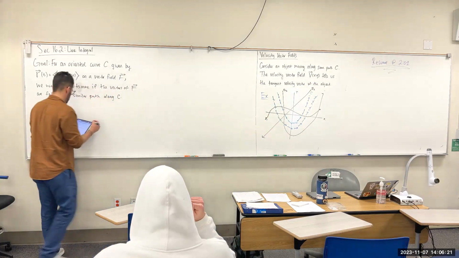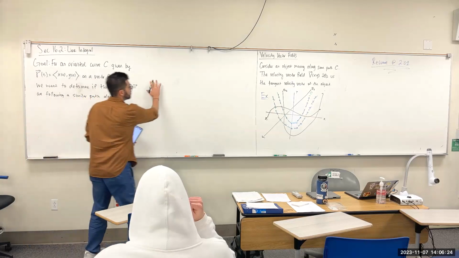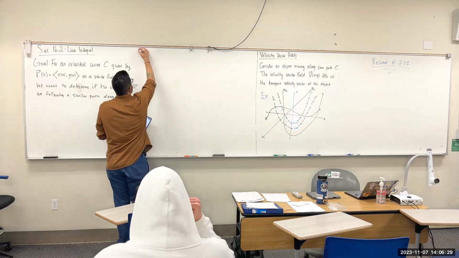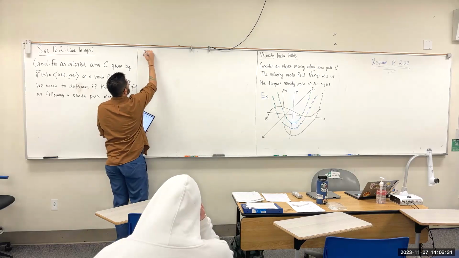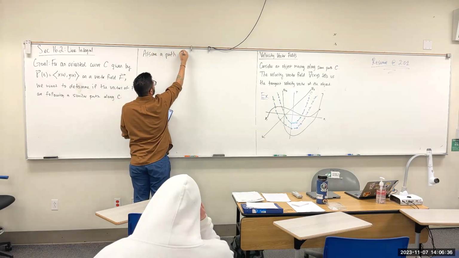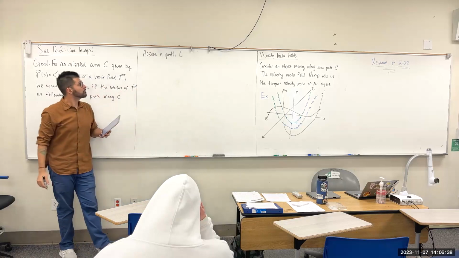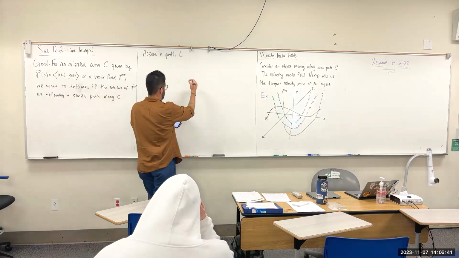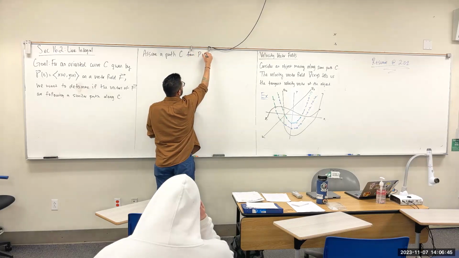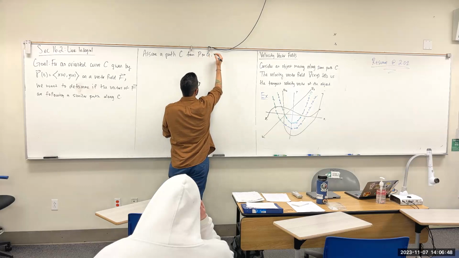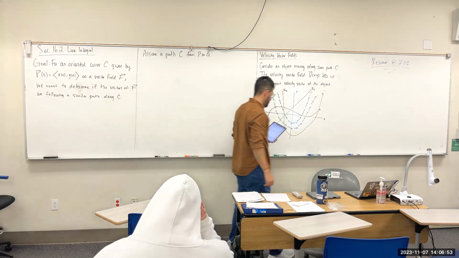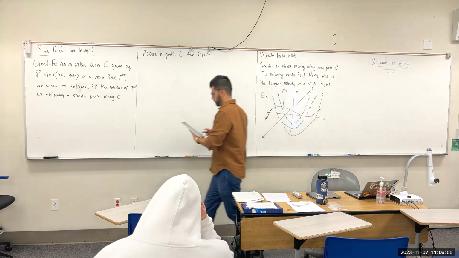So here's how we're going to do this. Leave some room for a big drawing in your notebook. So assume a path C. Let's pretend we have one, from point P to Q. Let me use green.